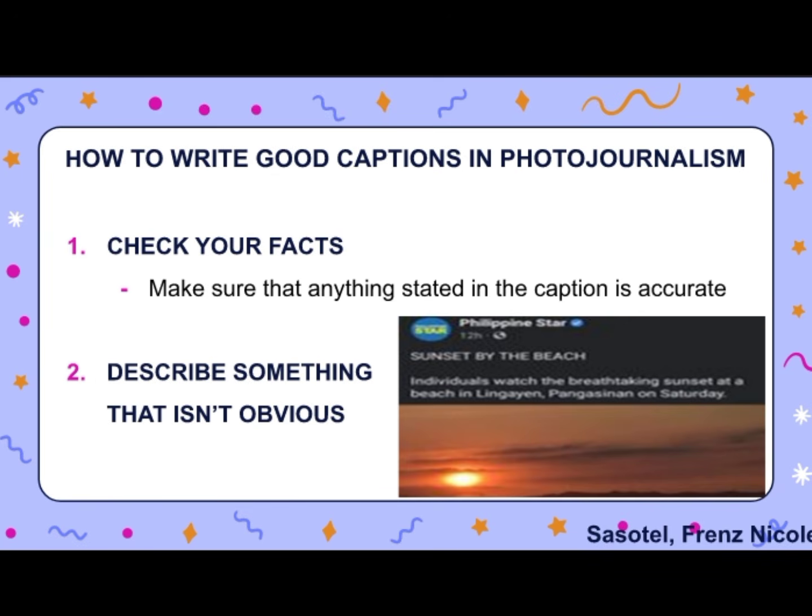The picture shows a sunset, but the Philippine Star caption stated: sunset by the beach, individuals watch the breathtaking sunset at a beach in Lingayen, Pangasinan on Saturday. As you can see, Philippine Star didn't just put only sunset, or describe only what is obvious. Instead, they put the location and the day the event happened. That's what it means to describe something that isn't obvious.